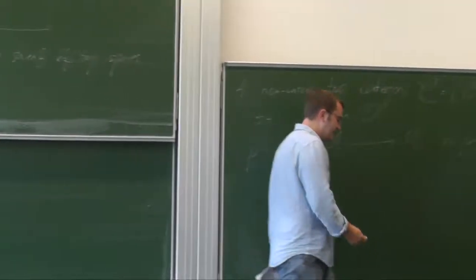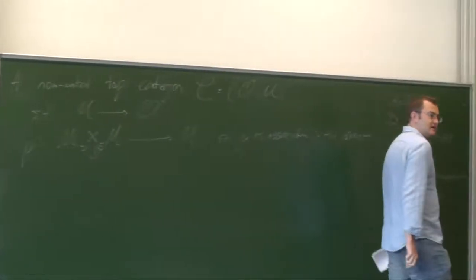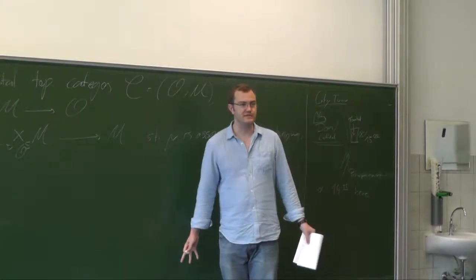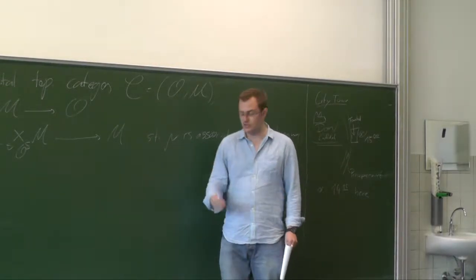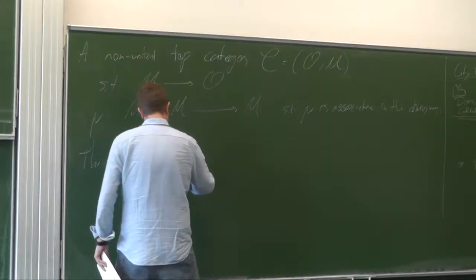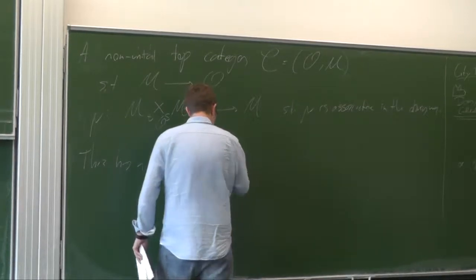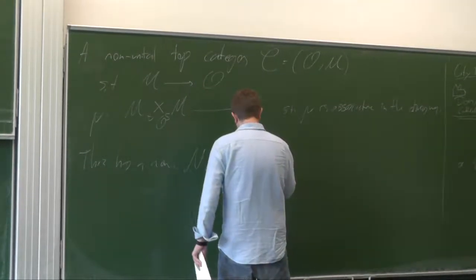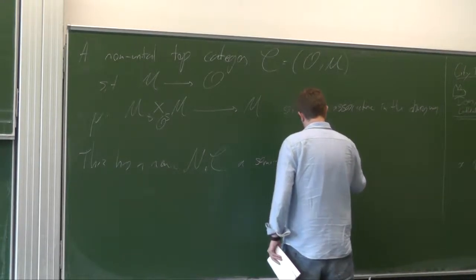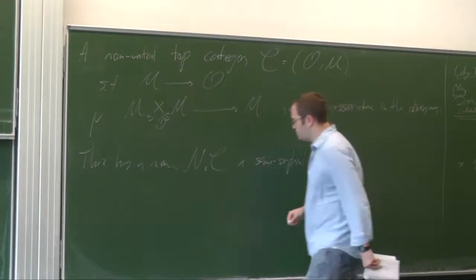Such a thing has a classifying space because it has a nerve that's not a simplicial space anymore, it's a semi-simplicial space. Because you don't have degeneracies, because you don't have units. So this has a nerve, embodied in C, which is a semi-simplicial space. And what's it given by?